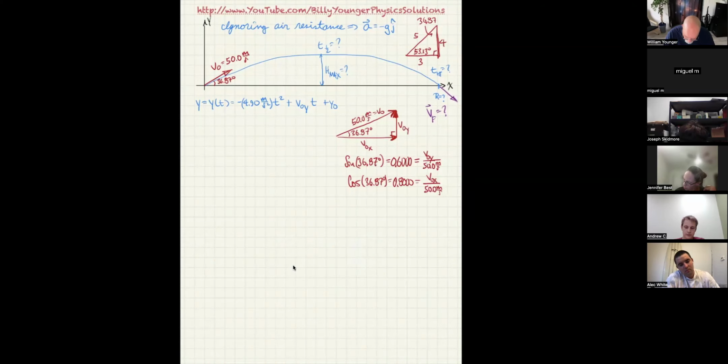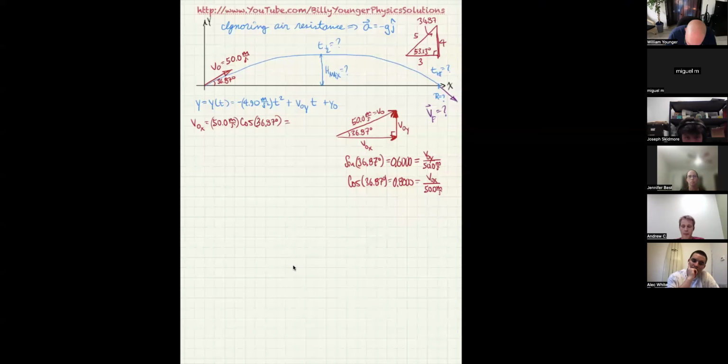So what you can say is that V0x is equal to 50.0 meters per second times the cosine of 36.87 degrees. And of course, cosine of 36.87 is 4/5. So 4/5 times 50 gives you 40.0 meters per second.